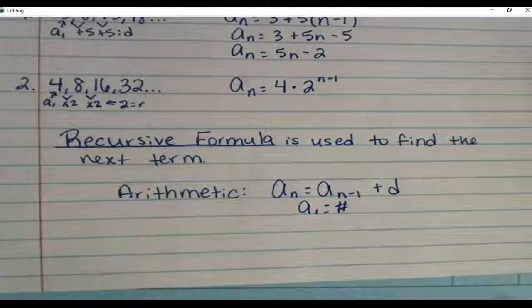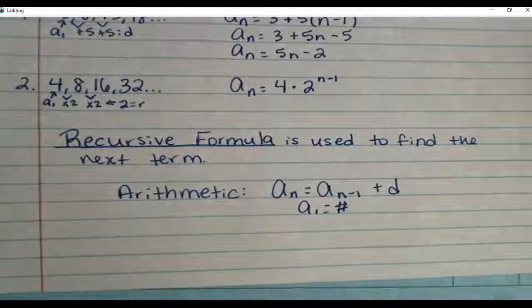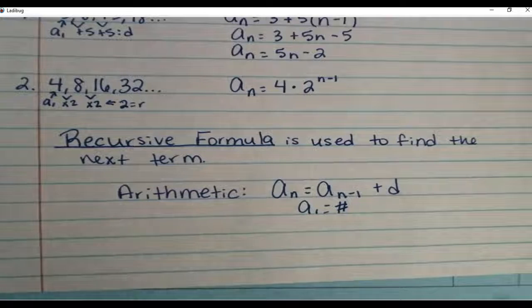So it tells you what the first term is. Okay.